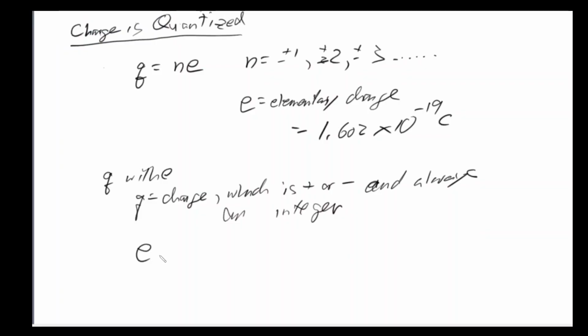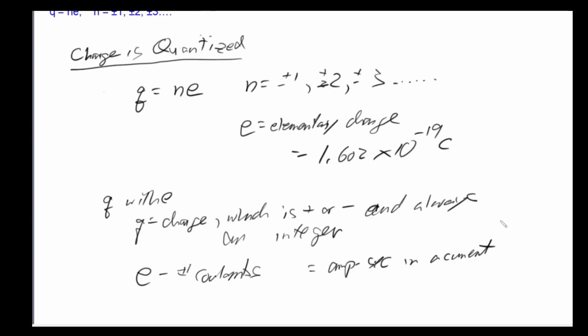However, E is the actual number of coulombs, and that is defined as an amp second in a current.